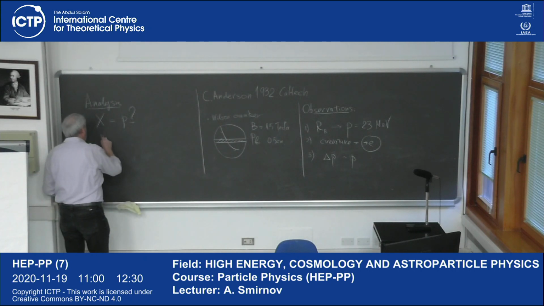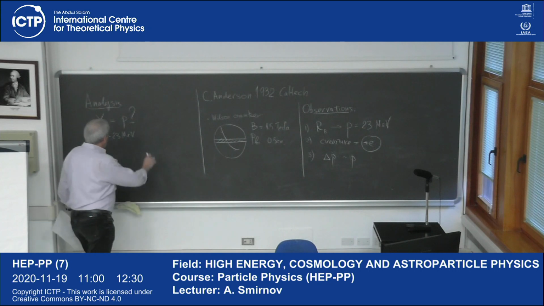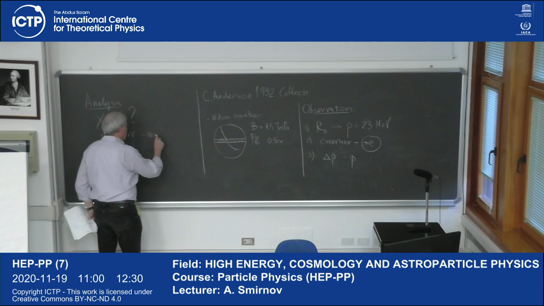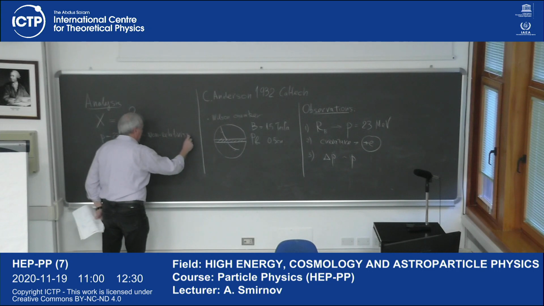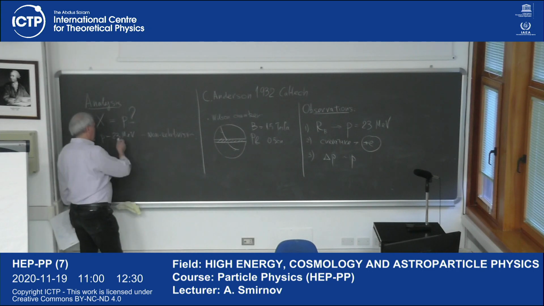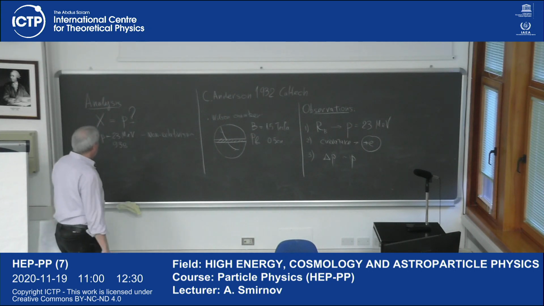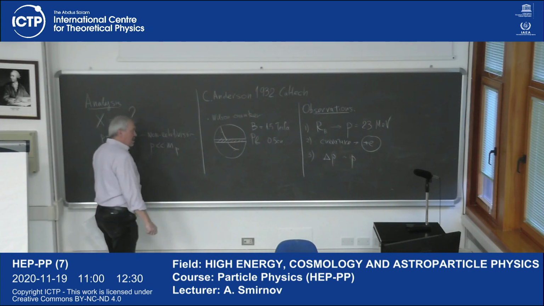However, for a proton, the momentum P is 23 MeV/c. A proton with this momentum is extremely non-relativistic, right? The mass is 938 MeV, and here is 23 MeV, so P is much smaller than the mass of the proton.